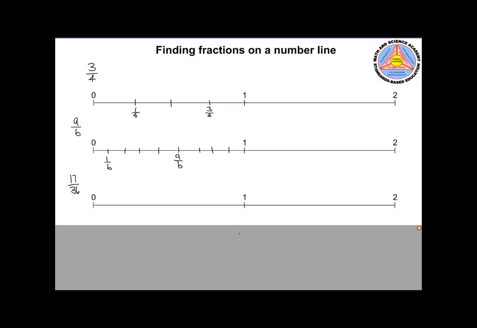So one strategy is to compare the fraction we're trying to place to what we call benchmark fractions. We look at 17/36 and we recognize that 17 is about half of 36, and therefore the number 17/36 should be somewhere close to the number 1/2.